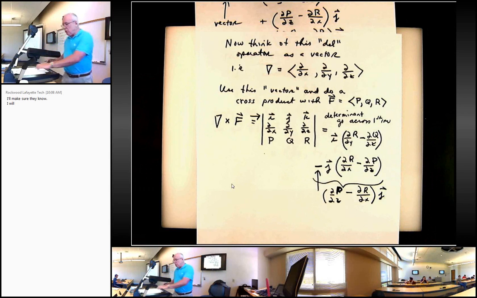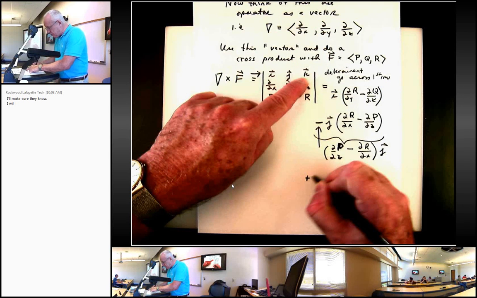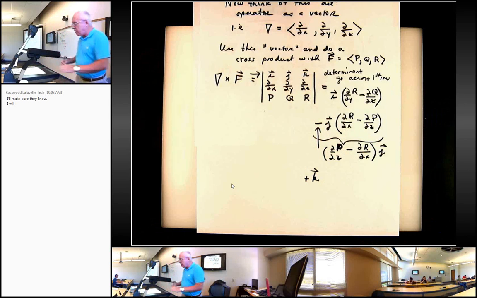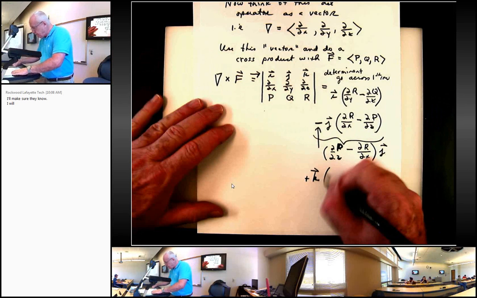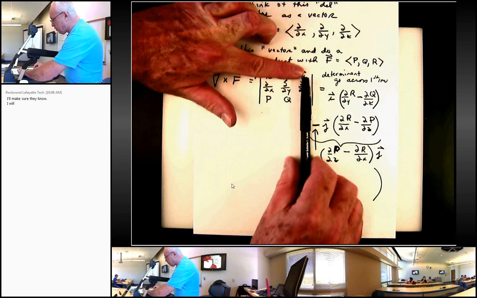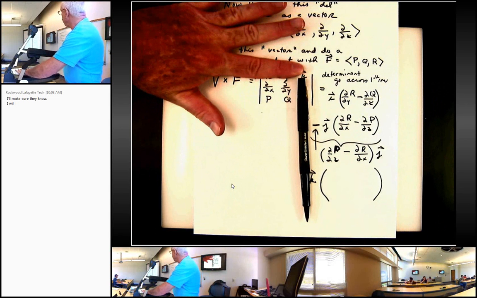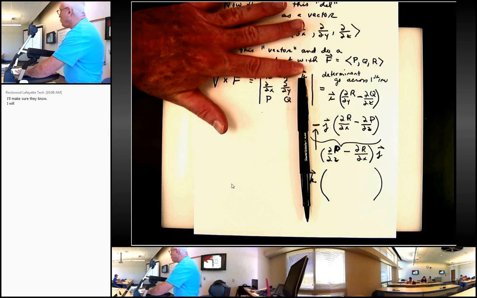And then finally, we go to our last component in the first row. This time we do a plus sign, plus our k vector. And then we block out the first row and now the third column. And what we have left going down the diagonal is delta q, delta x. And then subtract the up diagonal, that's delta p, delta y.